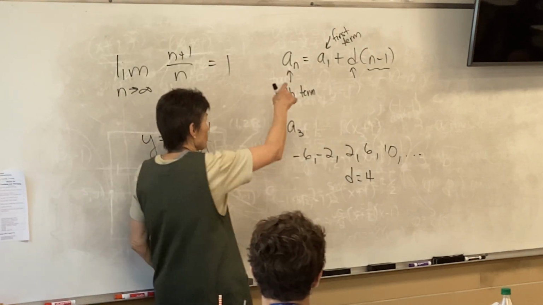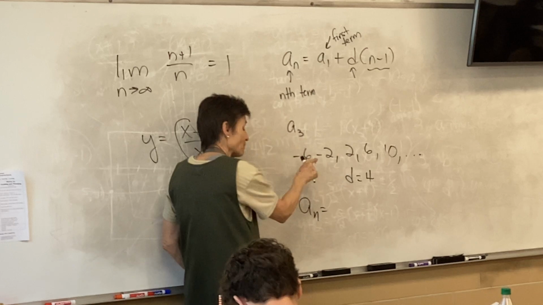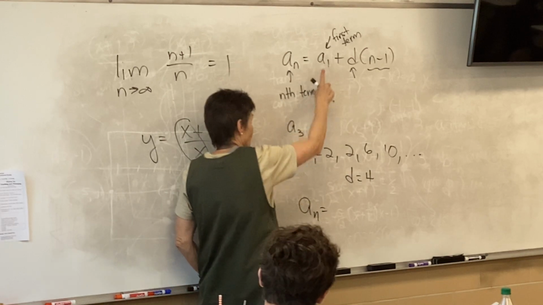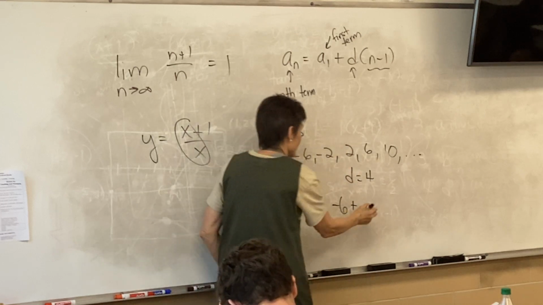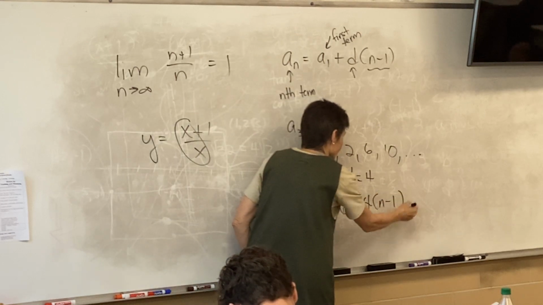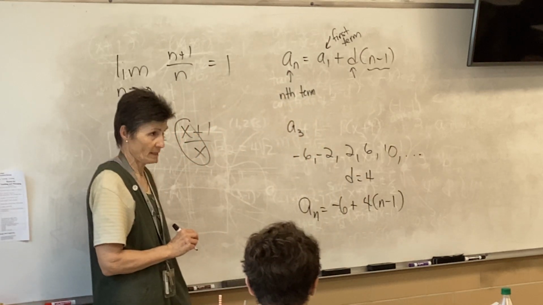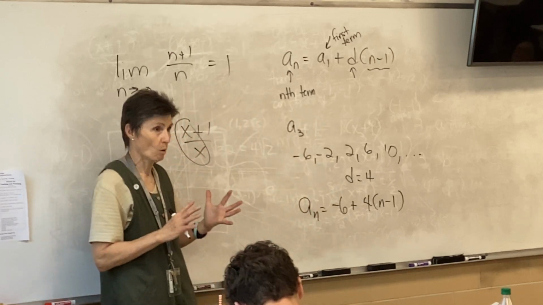Now, this is your explicit formula, so we're building it specific to this problem. What's my first term? Negative 6. We just decided our difference was 4. Remember, an explicit formula is going to find whatever term you want.